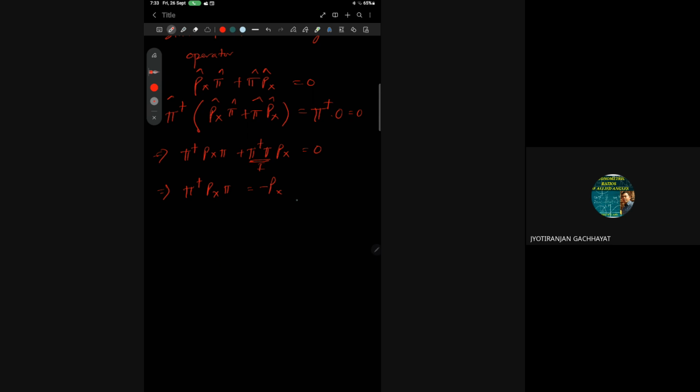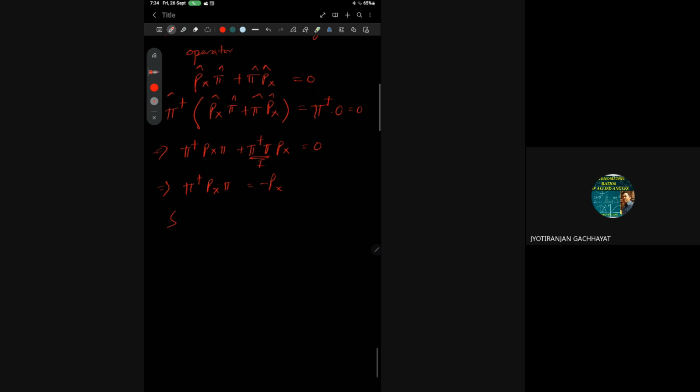Similarly we can show pi dagger py pi is equal to minus py, and pi dagger pz pi is equal to minus pz.